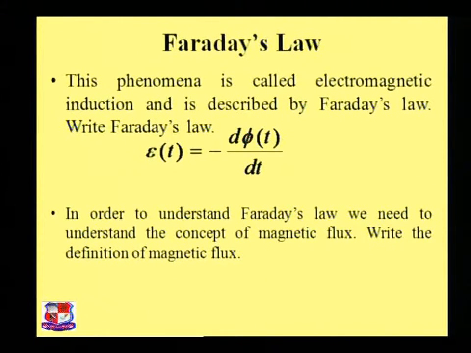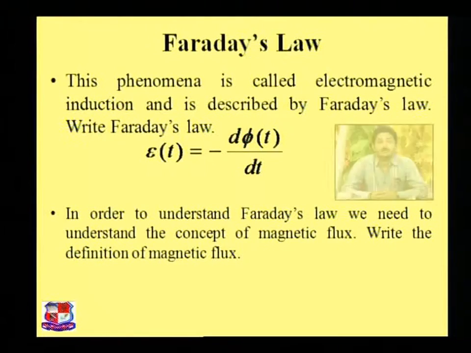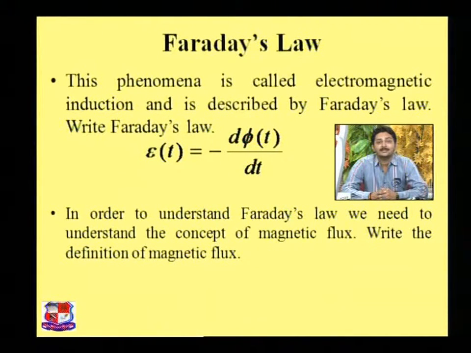E of t equals minus d phi of t by dt, where phi is the flux. In order to understand Faraday's law, we need to understand the concept of magnetic flux, phi. Because Faraday's law directly belongs to electromagnetic induction, that is, magnetic material.